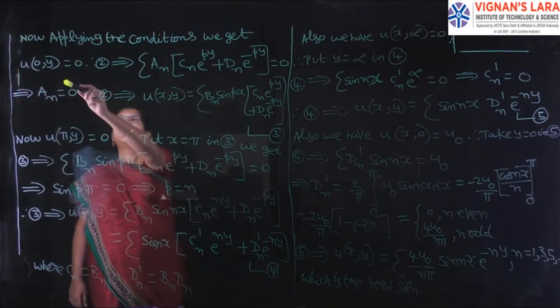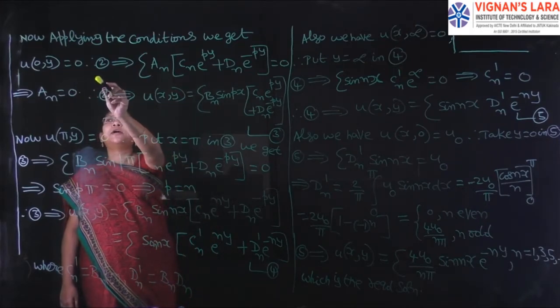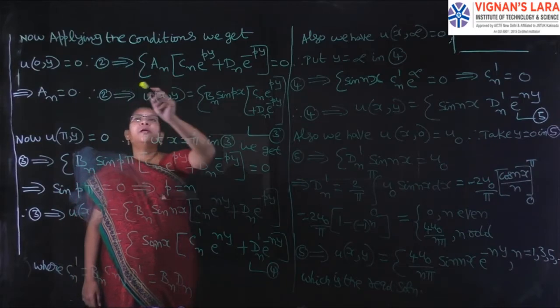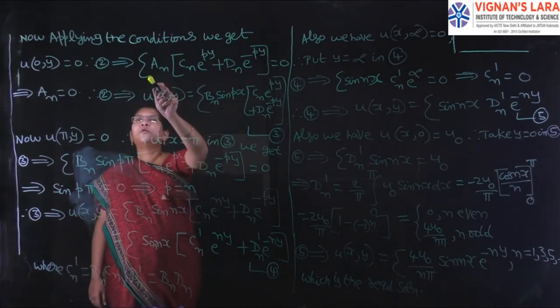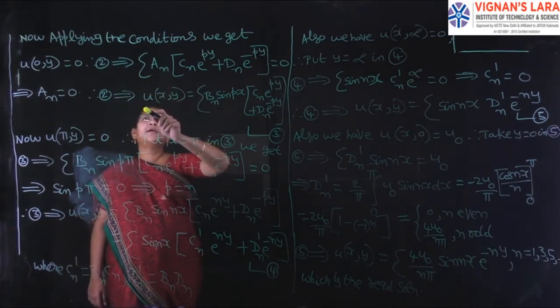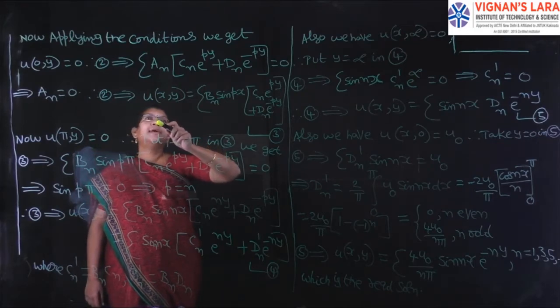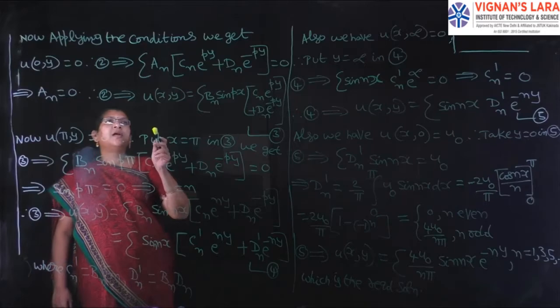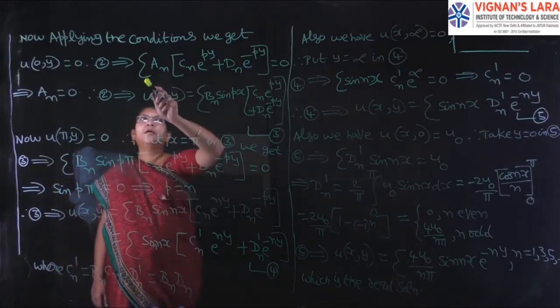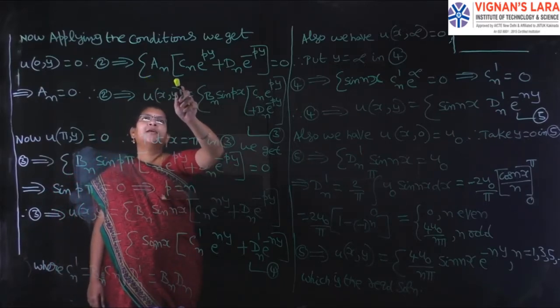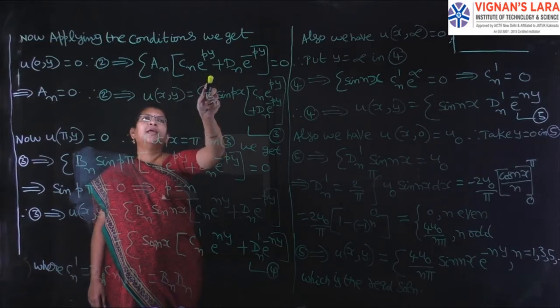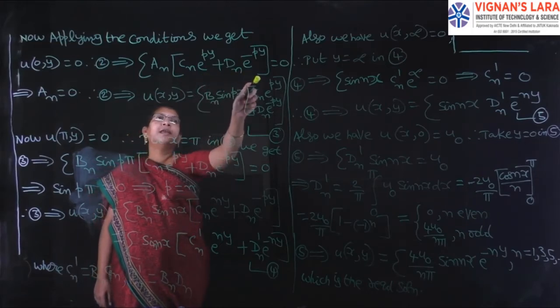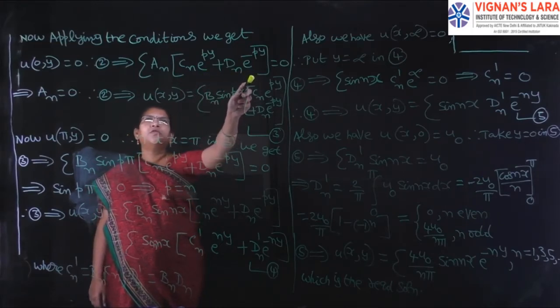What is first condition? U of 0 comma y equal to 0. That means in equation number 2, we have to take x equal to 0. If you take x equal to 0, sin 0 will become 0, cos 0 will become 1. So we will get summation an into (cn e power py plus dn e power minus py) equal to 0.